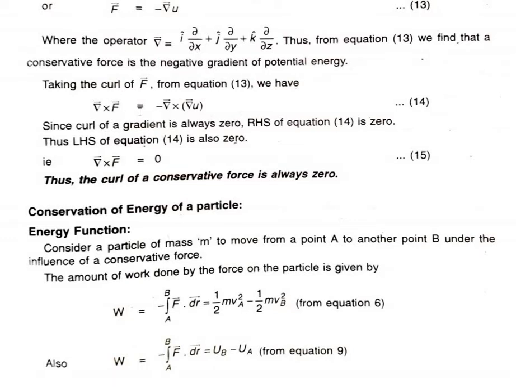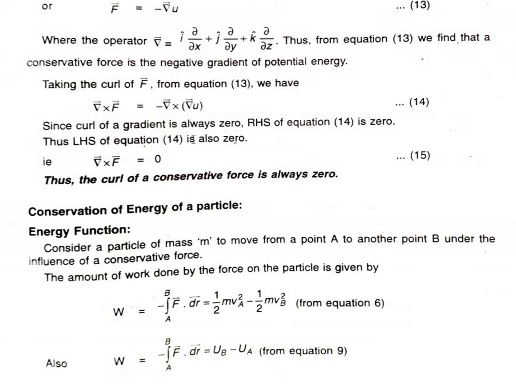The curl of conservative force can be written as minus del cross, because we know that F is equal to minus del u. So del cross F can be written as minus del cross, instead of F we write minus del u.